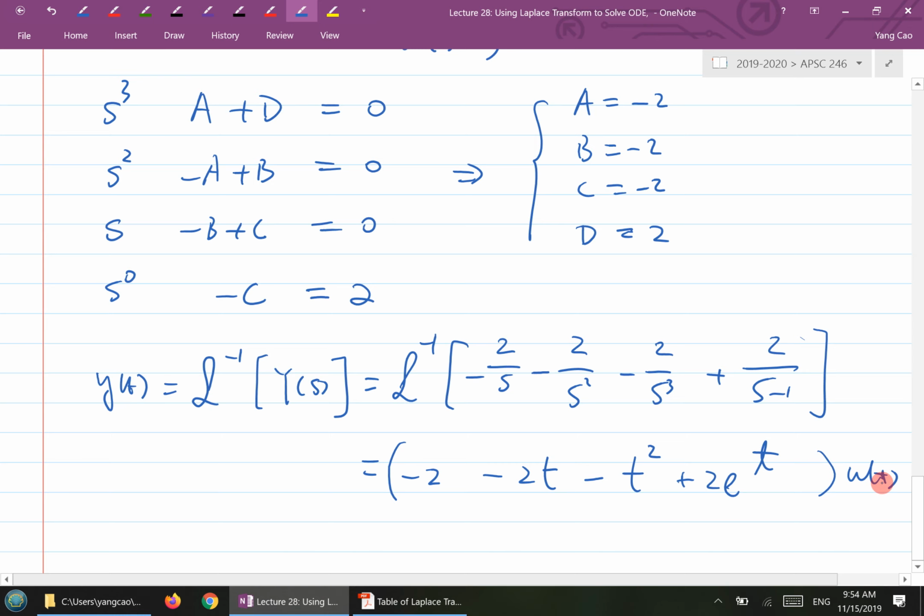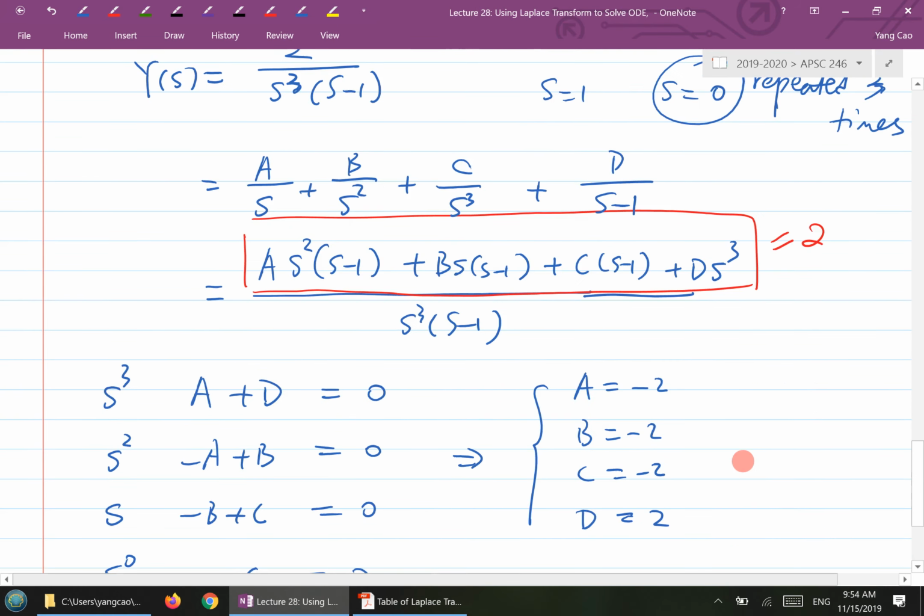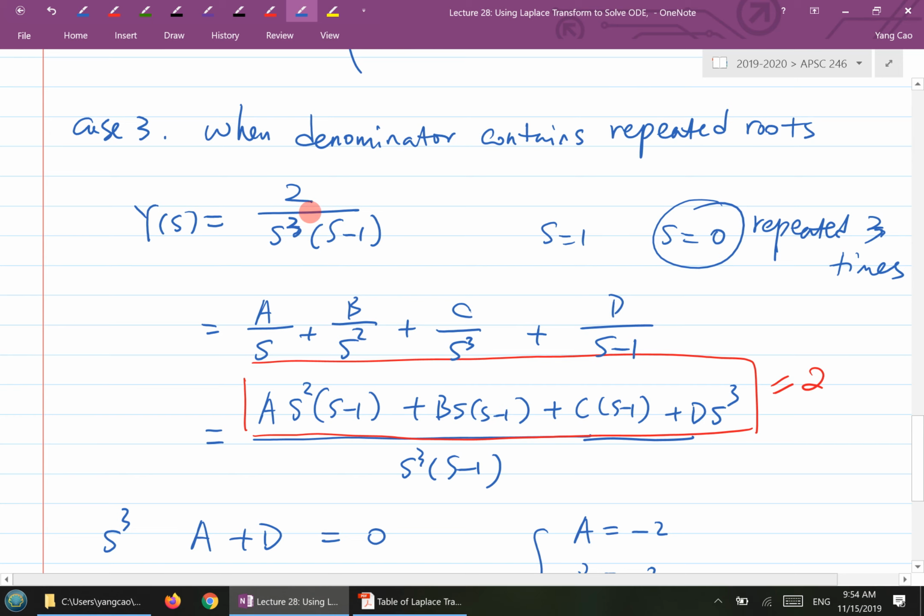Is that good? So that's the idea for this kind of case. I'm using s cubed here. You might have, for example, s plus p to the power of 3. With no difference, you just change the s to s plus p, and you can compare coefficients and get an answer. There is a formula, but I don't encourage using the formula at this stage.